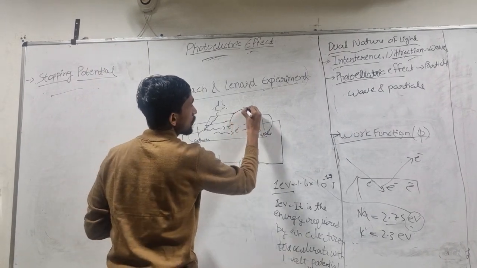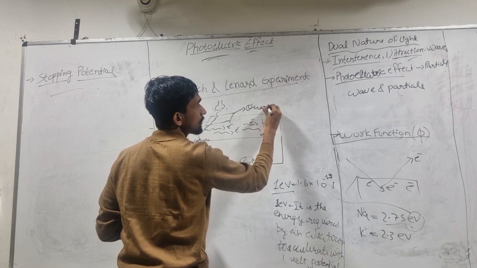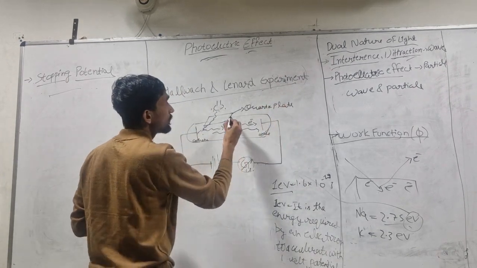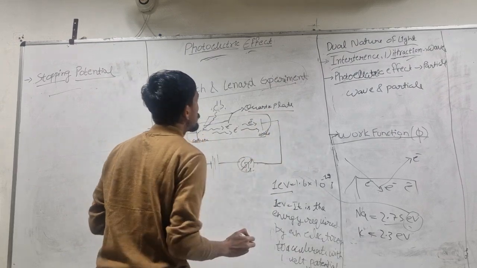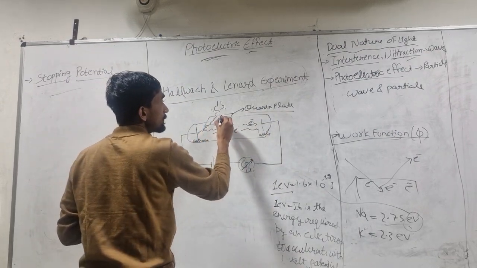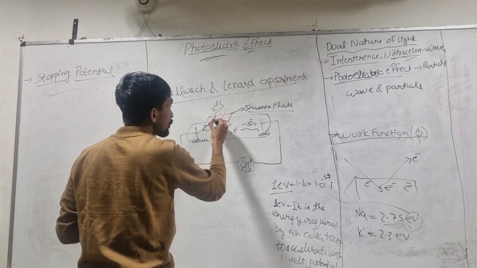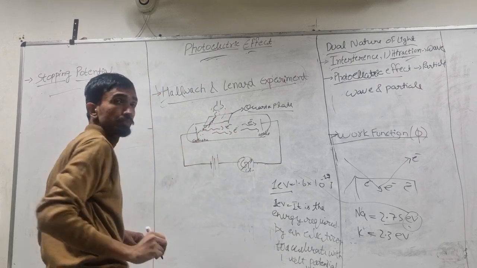So it is the quartz plate. So why do we use this quartz plate? Because we don't want any kind of reflection from there. So the light directly goes from there to the cathode.